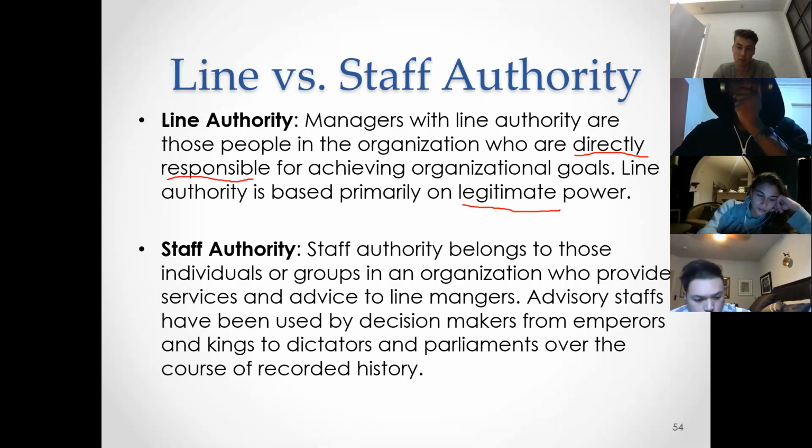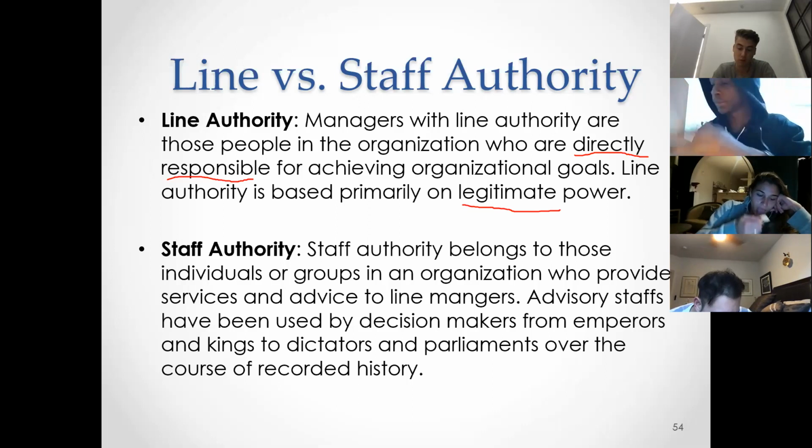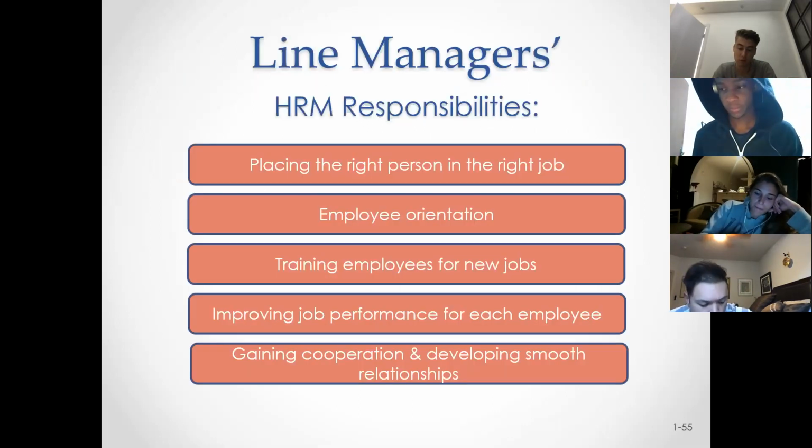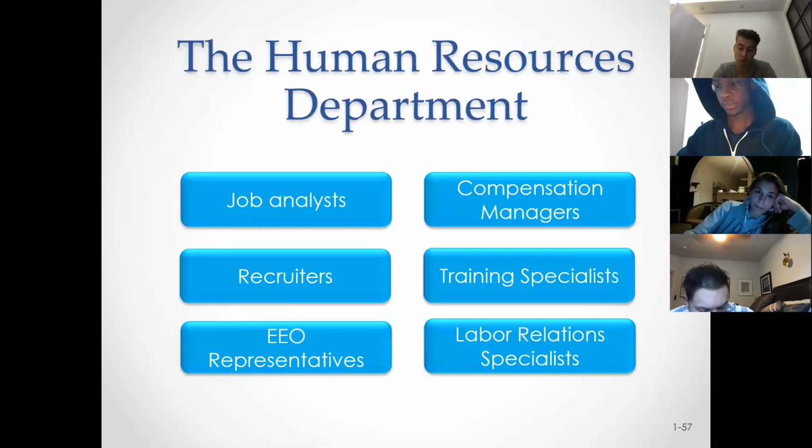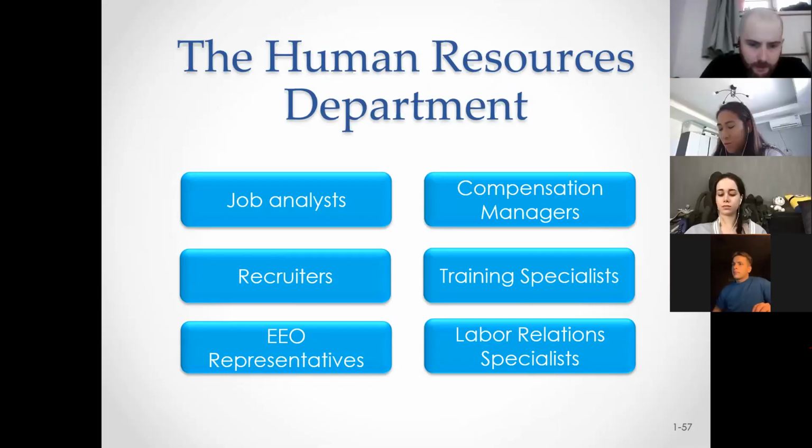Let's talk a little about the HR department. What's the HR department like? So there are all kinds of people who work in an HR department at a big company. At a small company, it might just be you, one person who does HR. But at a big company, they're going to have a lot of different people all involved.